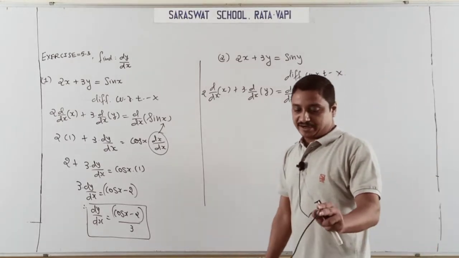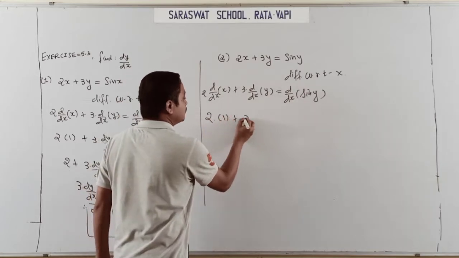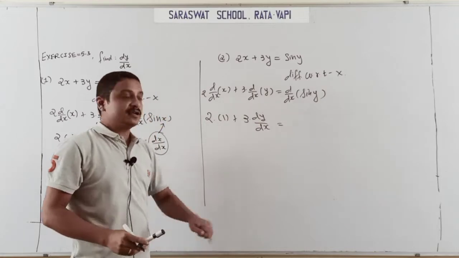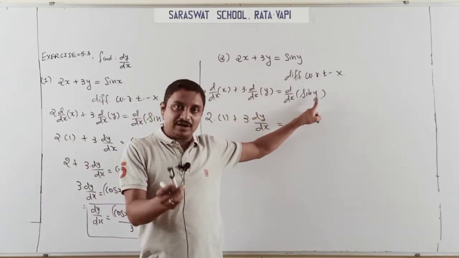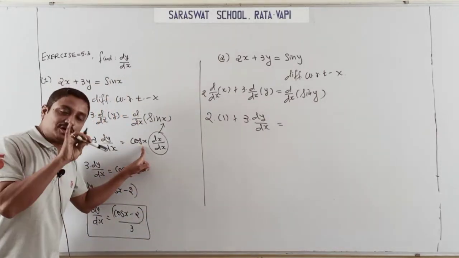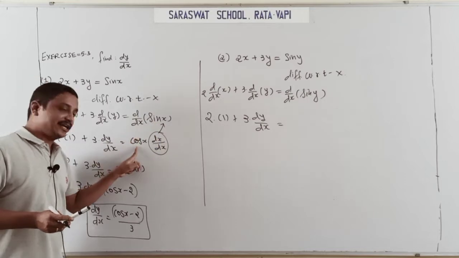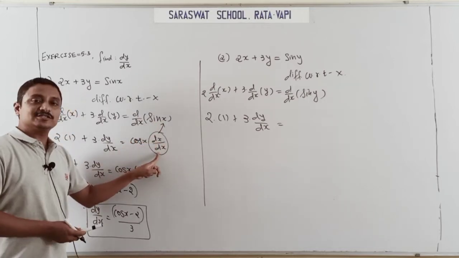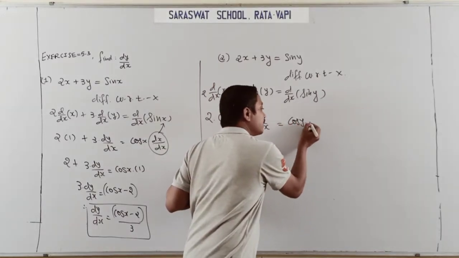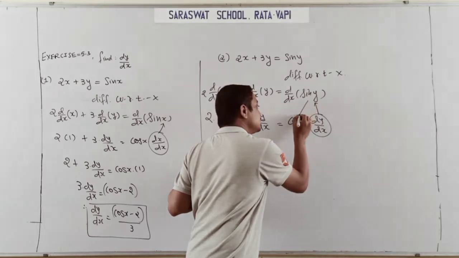So first derivative is easily done. Only and only 2, here 1, here 3 dy by dx. Now students, here carefully, for sin derivative, after that y. Sorry, for sin derivative cos, and y derivative with respect to x you must write. So here cos y and y derivative pending, dy by dx of this y, this derivative of sin.